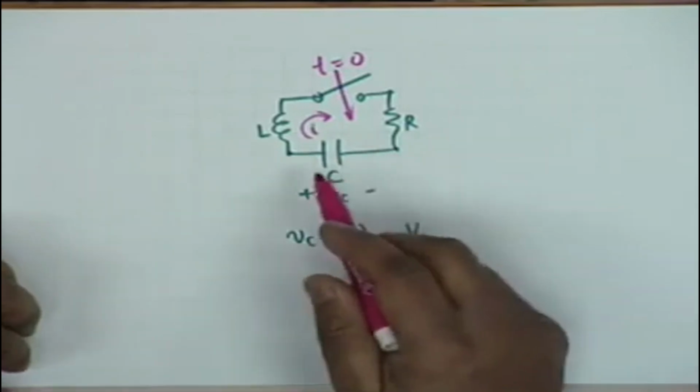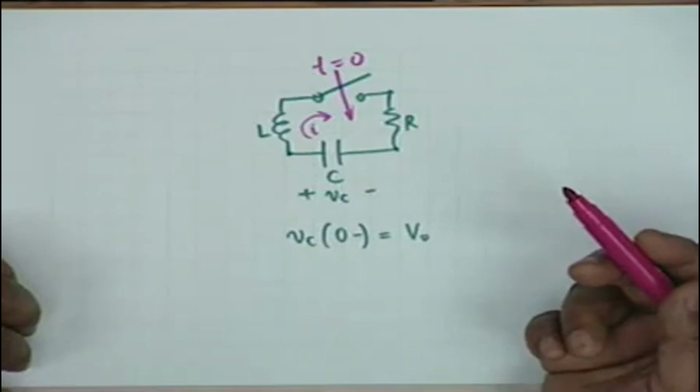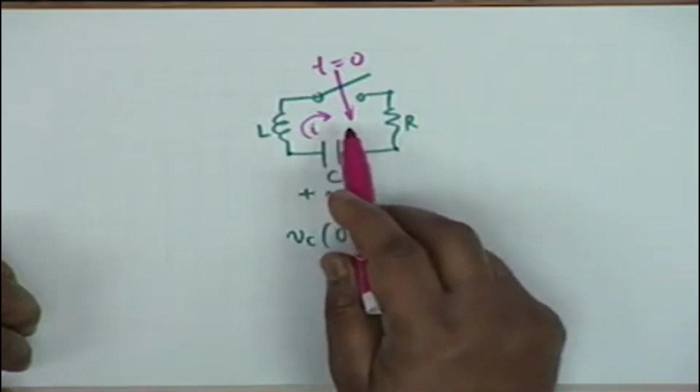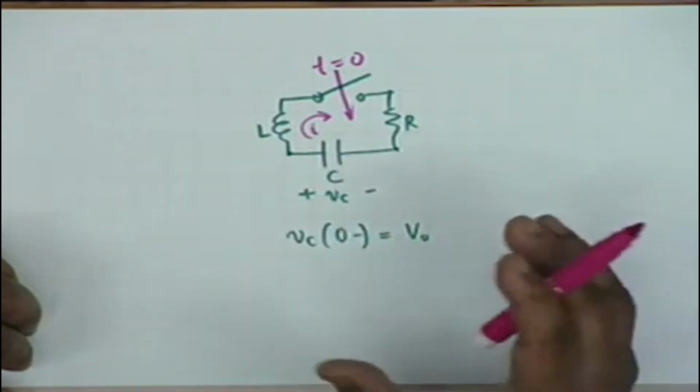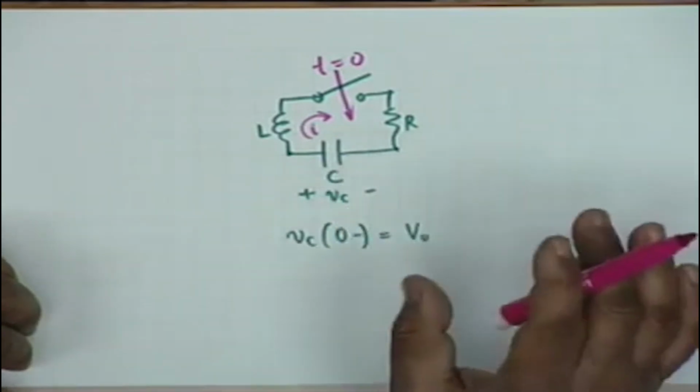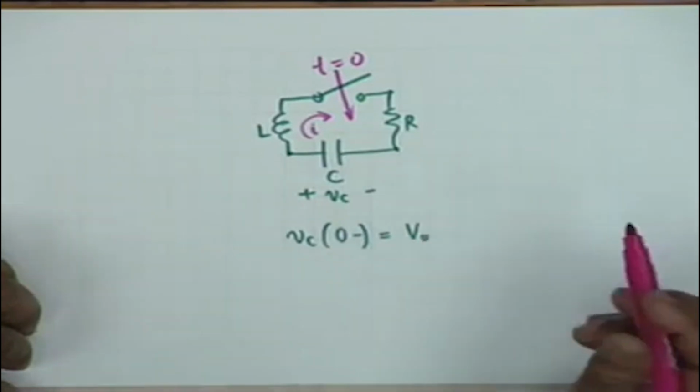As time proceeds it loses more and more charge, and therefore the current gradually diminishes, and after an infinite amount of time the circuit will again be relaxed. That means it shall have no initial energy.